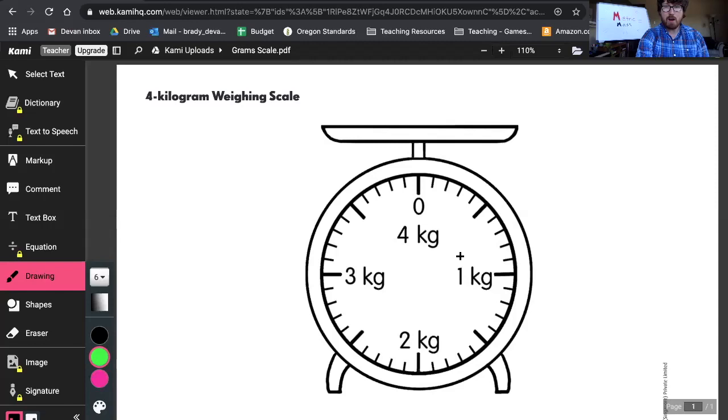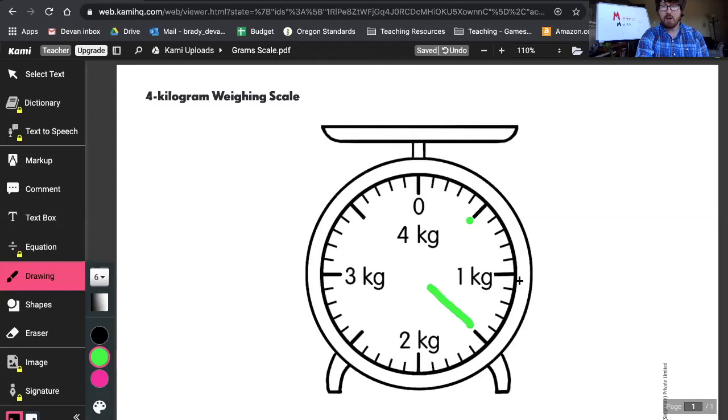If I were to put a mark right here, we already know we have 1 kilogram, but what are these markings in between? Now remember, 1,000 grams is equal to 1 kilogram, so we can skip count by hundreds. 100, 200, 300, 400, 500, 600, 700, 800, 900, 1,000, or 1 kilogram.